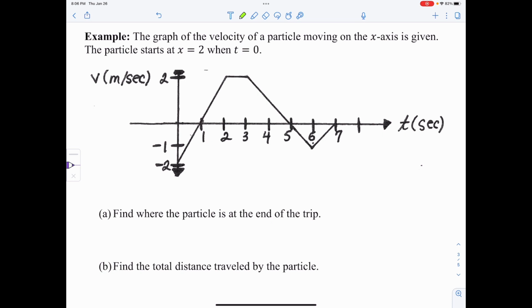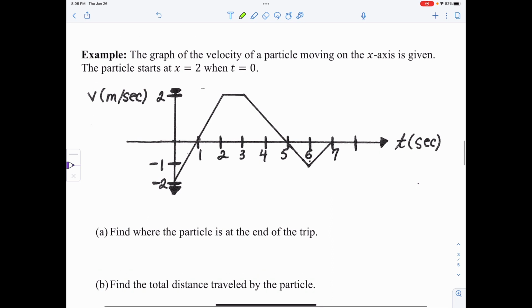So we want to find where the particle is at the end of the trip. Okay, so we have to look at the graph here. And it looks like the graph is only defined from t equals 0 to t equals 7. So I'm assuming that t equals 7 seconds is the end of the trip.